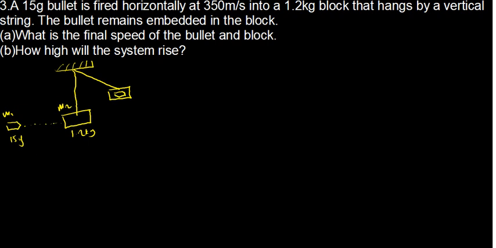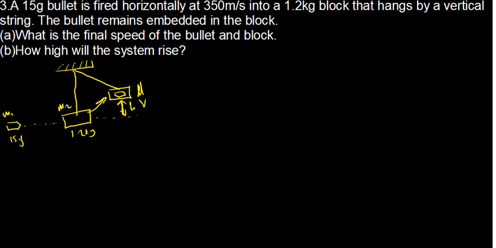It remains embedded, and so now they've got a combined mass here. Let's call it capital M, and they're going to move at the same velocity. So from this point to that point, they're going to move at the same velocity. Now considering where this was, we've got a height here, which it has moved. So let's call it h. Now our first question: what is the final speed of the block and the bullet?